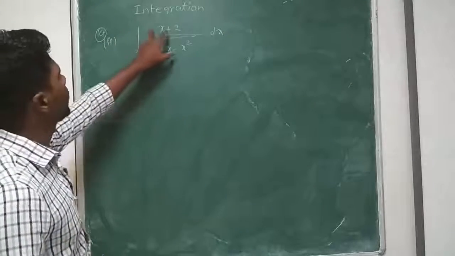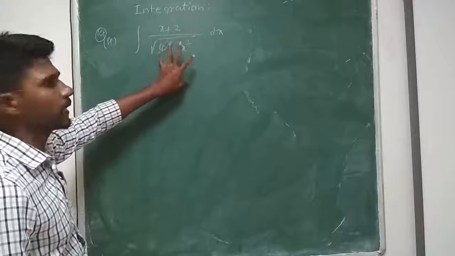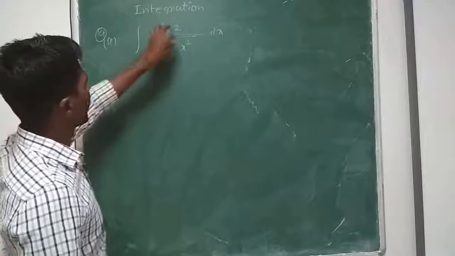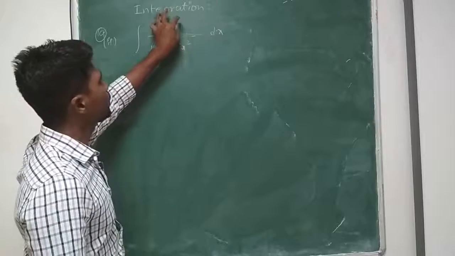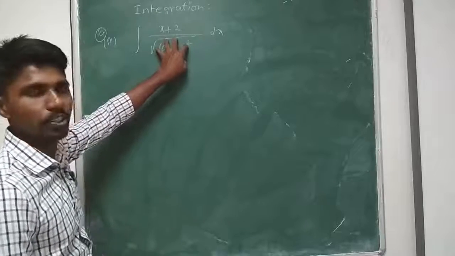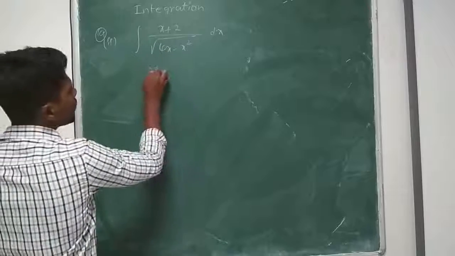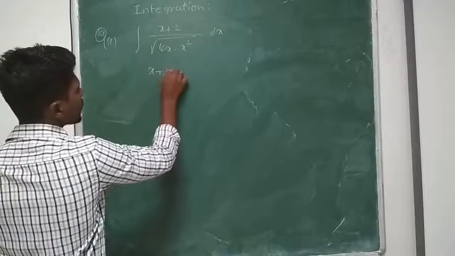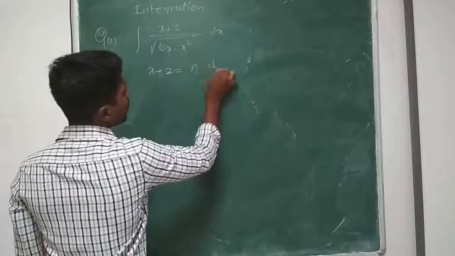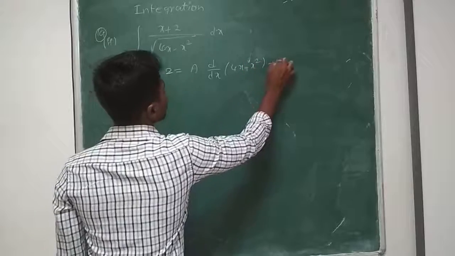It is in the form (px plus q) by root over ax square plus bx plus c, where the c value is 0. So what we have to do is express this px plus q as a into the differentiation of this particular function, plus b. So I express it in that way, which can be written as x plus 2 equal to a into d by dx of (4x minus x square) plus b.